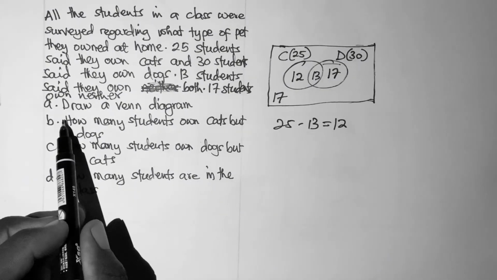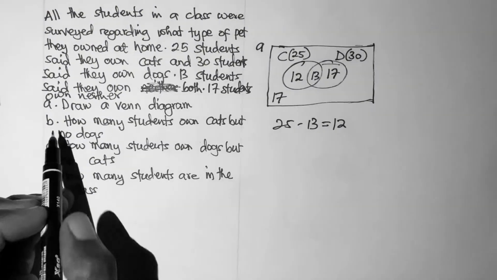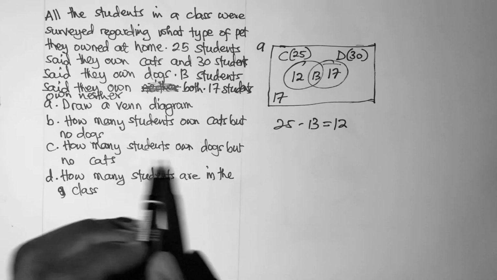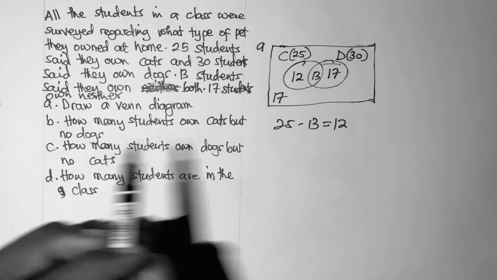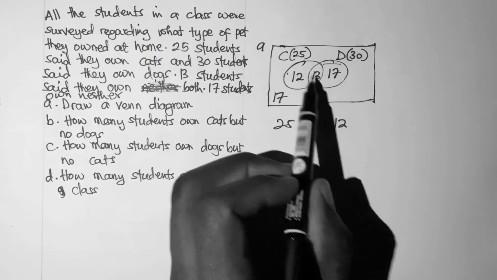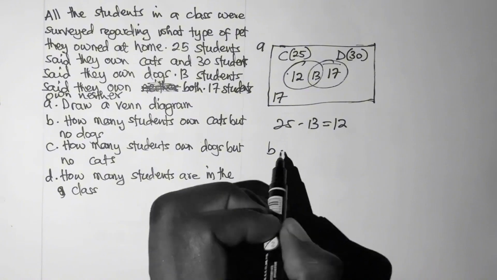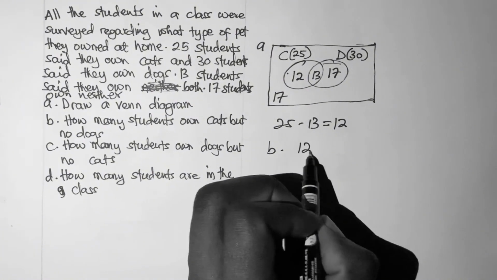So let's come to the A part. So you say we should represent on a Venn diagram. We've done that. The B part says how many students own cats but no dogs. So cats but not dogs means cats only. So B, cats only, is 12.